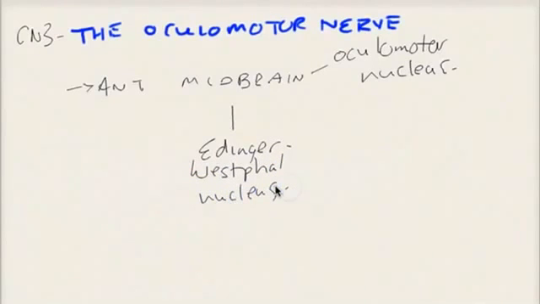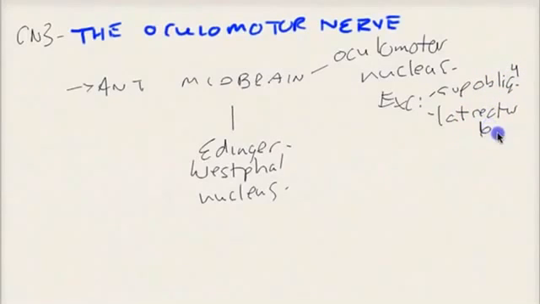Now, the oculomotor nucleus originates at the level of the superior colliculus, and it controls the levator palpebrae superioris, as well as all extraocular muscles, except for the superior oblique and the lateral rectus. Remember, the superior oblique is cranial nerve 4, the lateral rectus is cranial nerve 6.